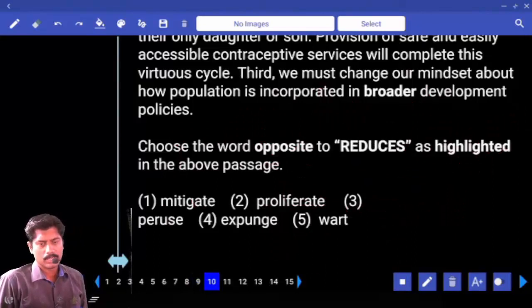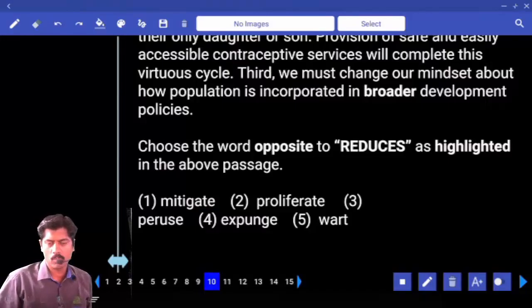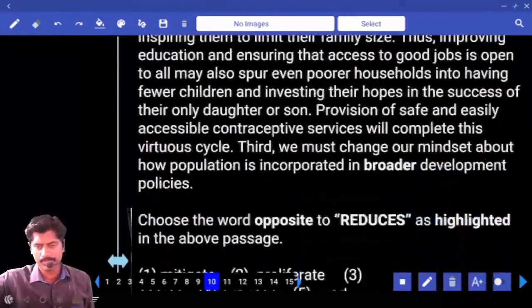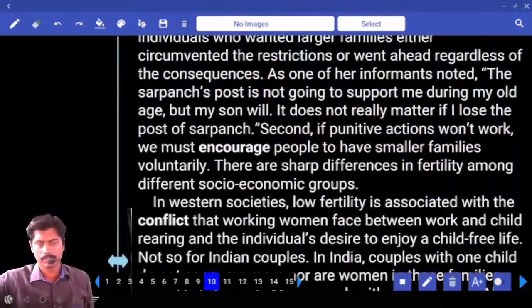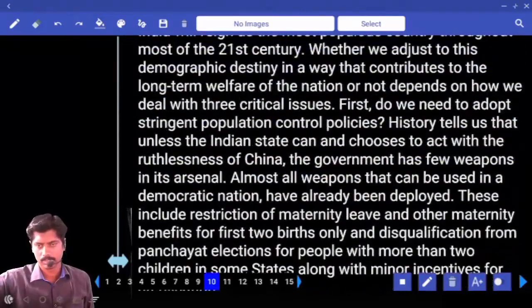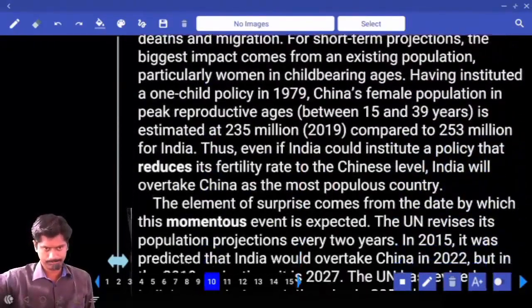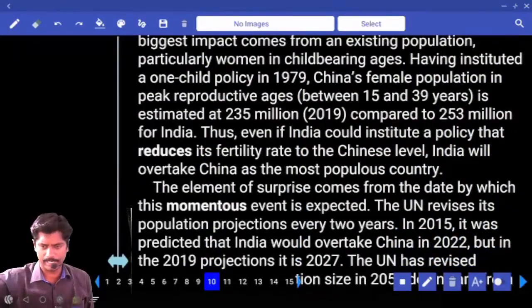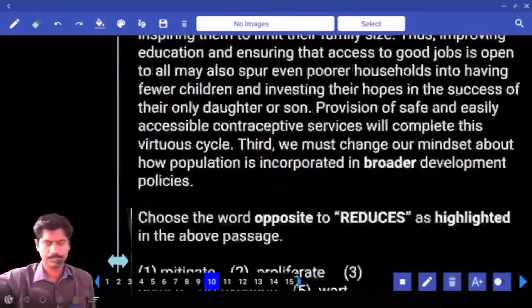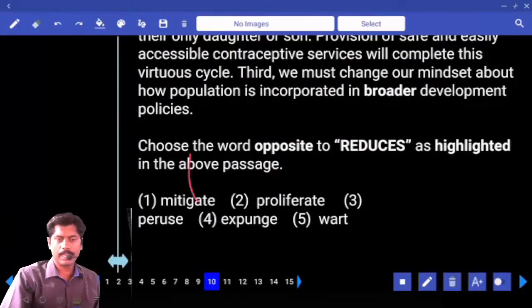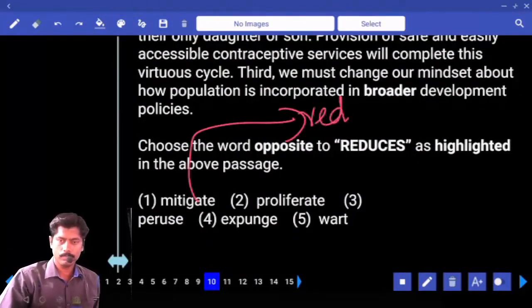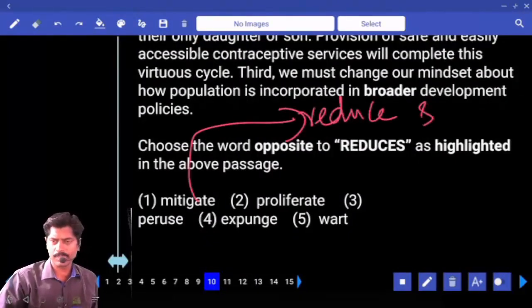Reduces, mitigate, proliferate, peruse, expunge, wart. Where is this? Reduce. Which paragraph? Reduces fertility rate. Mitigate means reduce something negative.